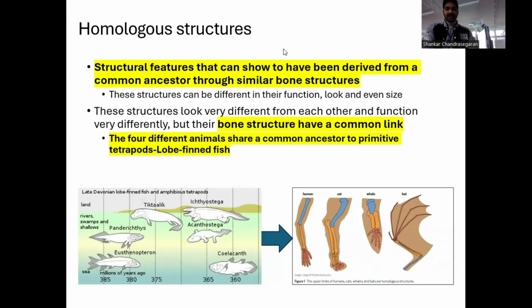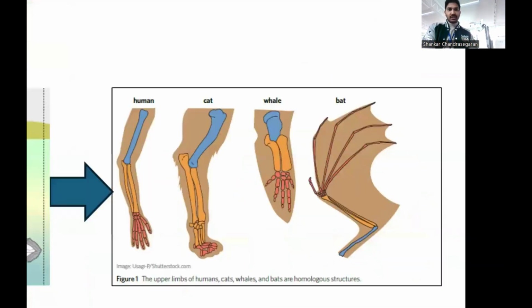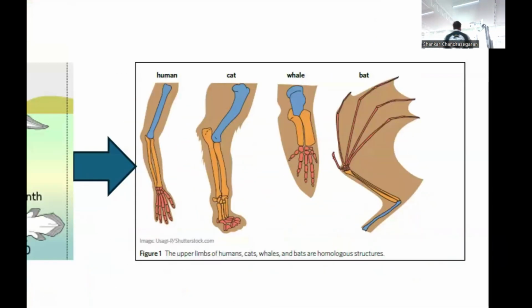The example is that with the forelimb, basically the upper limb of these different species, you can see that there is a common structure in terms of their bone structure, right? But they each are used for different functions. Bats use that forelimb to actually be able to fly.